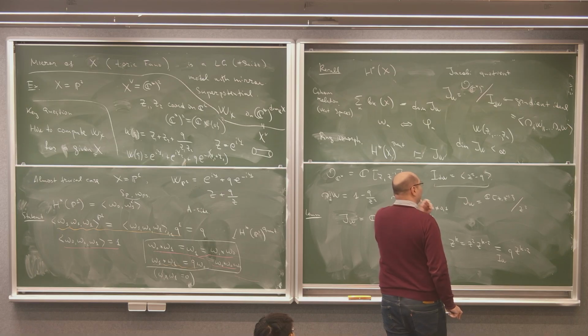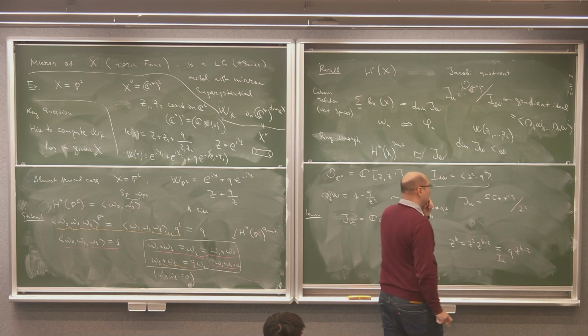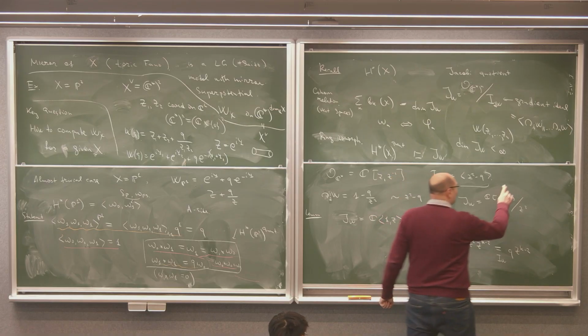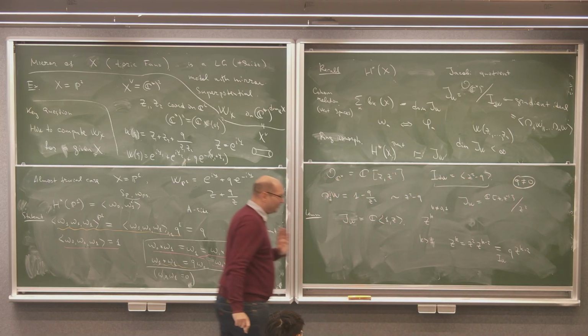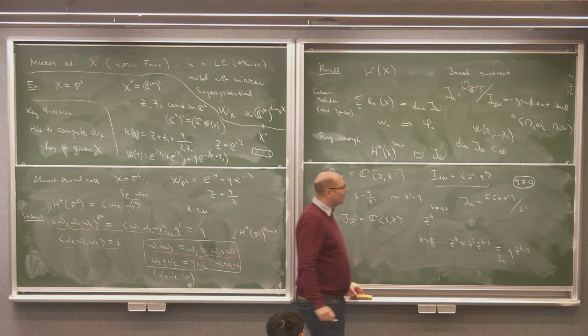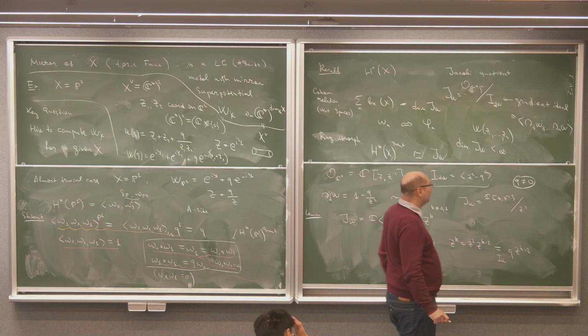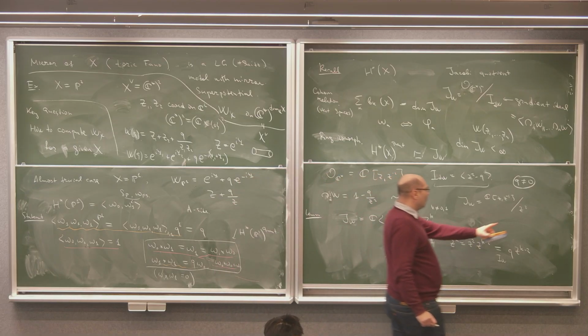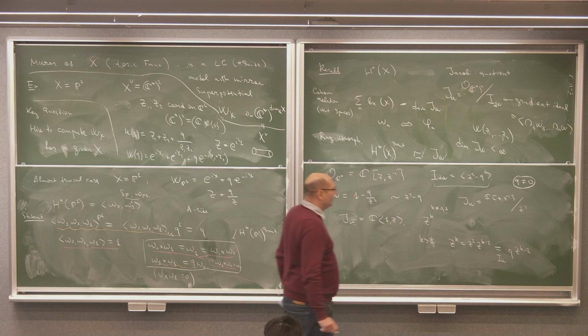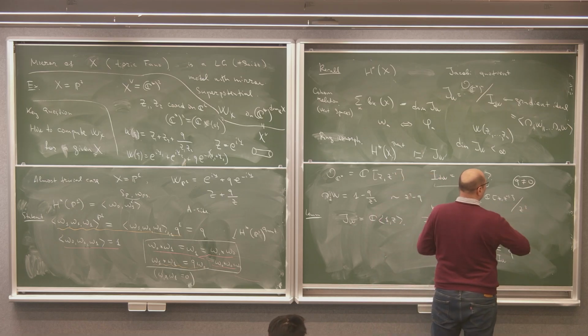Okay, I see your point. So if I have z minus 1 here, yes, good point. Let's imagine that q is non-zero. Sorry, you're right. If I include z minus 1 in this definition of the ring, then quotienting by z square minus q would run me into trouble. So q is a non-zero complex number.